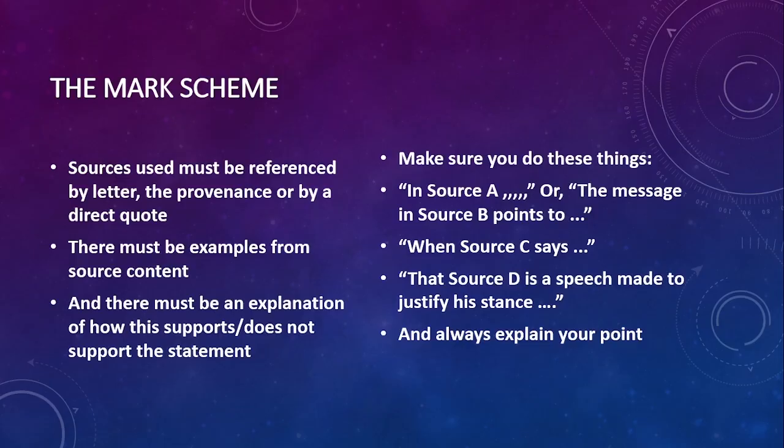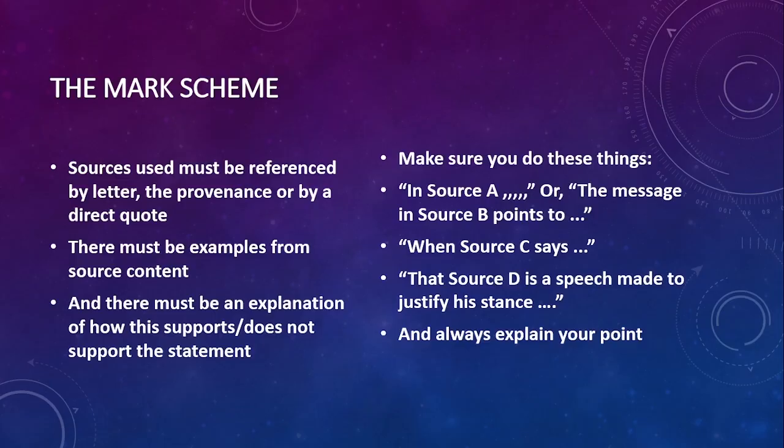In source A, da-di-da-di-da, or the message in source D points to da-di-da-di-da, and give the message of the cartoon as an example of what the source is saying, or quote something from the source to explain what it is saying.